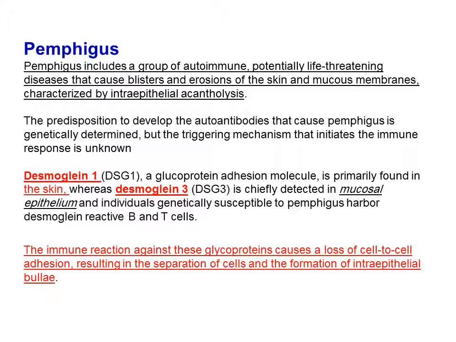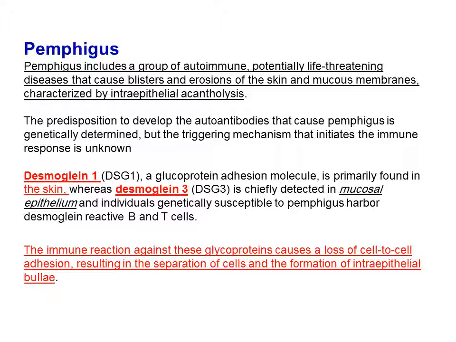Desmoglein 1 is a glycoprotein adhesion molecule mostly found in the skin, whereas desmoglein 3 is chiefly detected in the mucosal epithelium. Individuals genetically susceptible to pemphigus harbor desmoglein-reactive B cells.